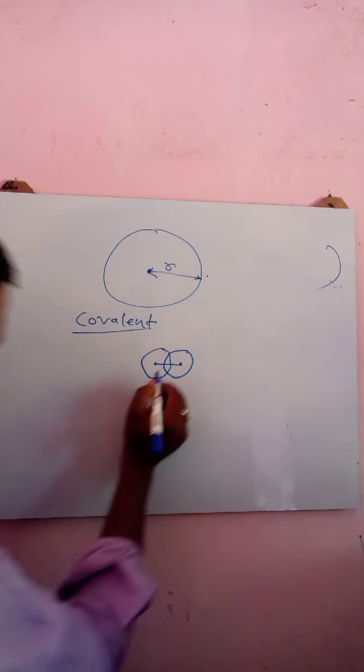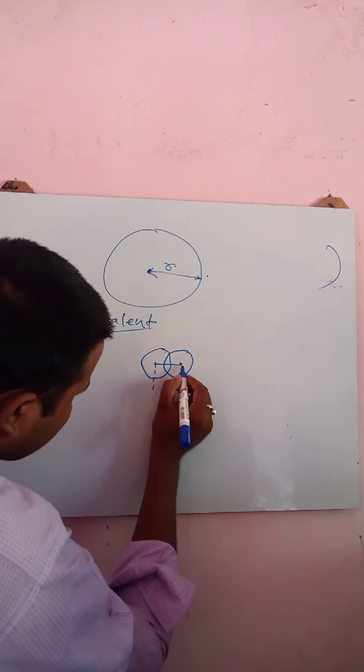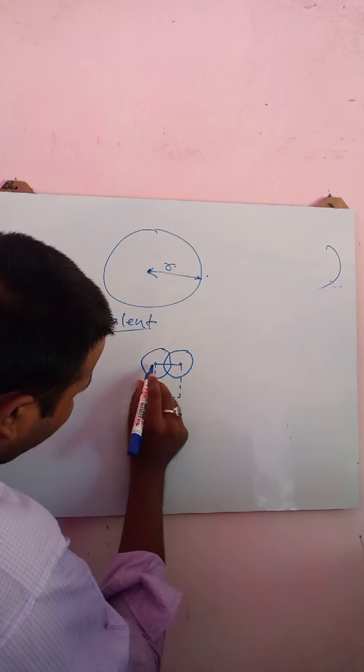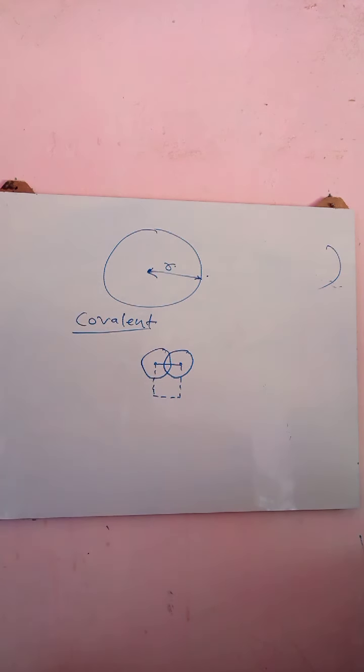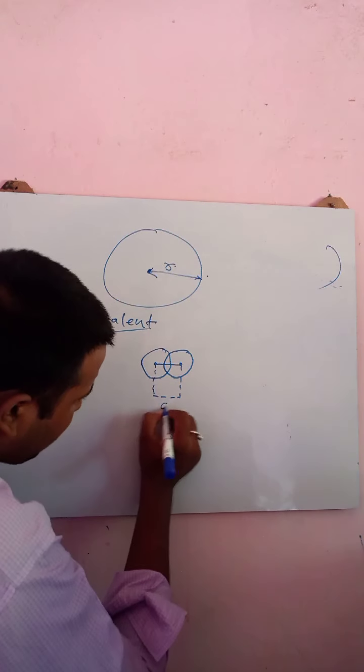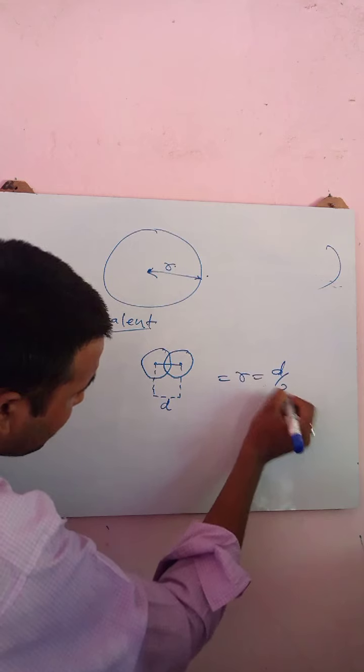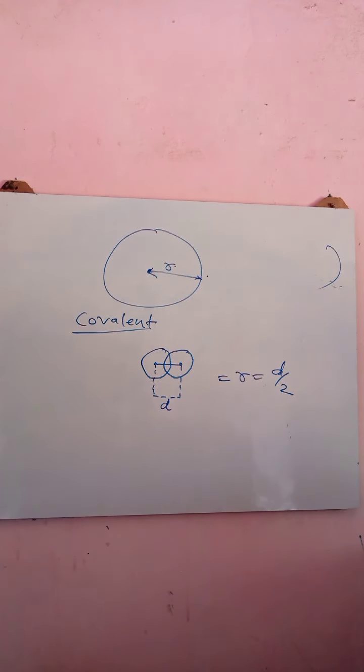Whatever the distance between the nuclei of these two atoms in a covalently bonded molecule, it will be divided by 2. So r is equal to d by 2. This is called covalent radius.